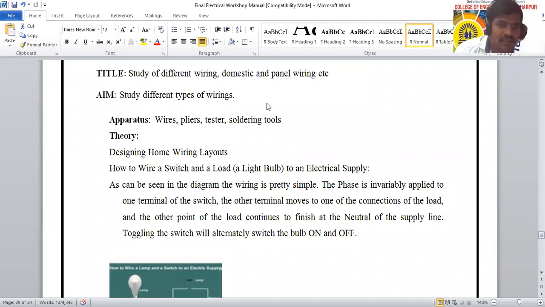Domestic wiring is generally what we use in our home, for home appliances, by controlling a single load, like controlling a bulb as well as a fan.